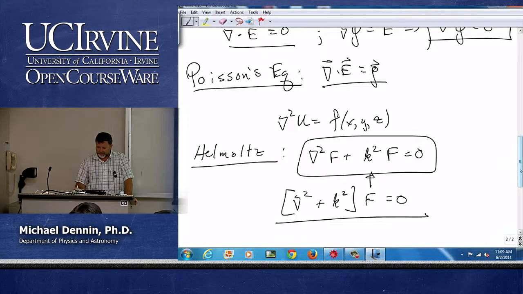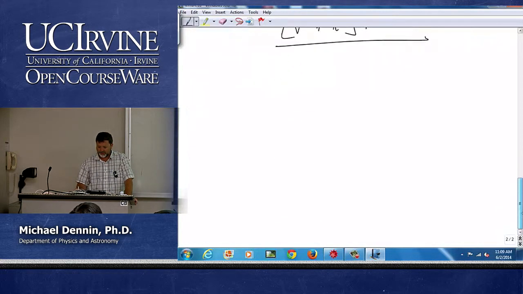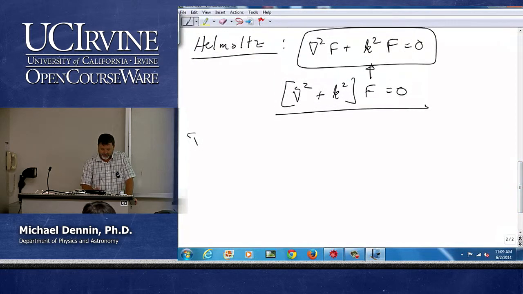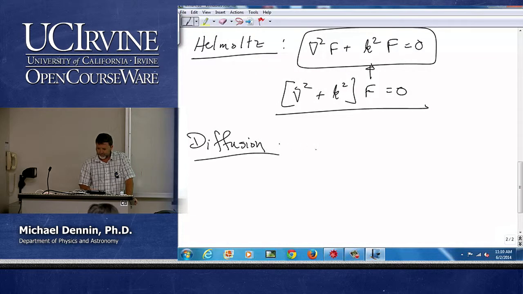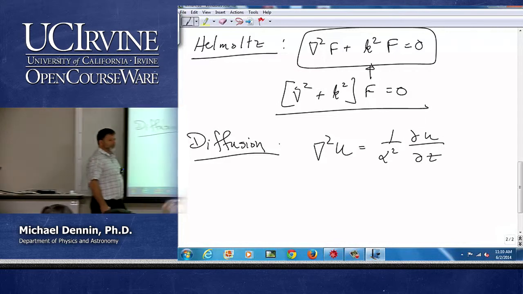The other three biggies we already mentioned. Instead of heat, I'll just call it the diffusion equation. What is the key feature of an equation that makes it diffusive or diffusion?